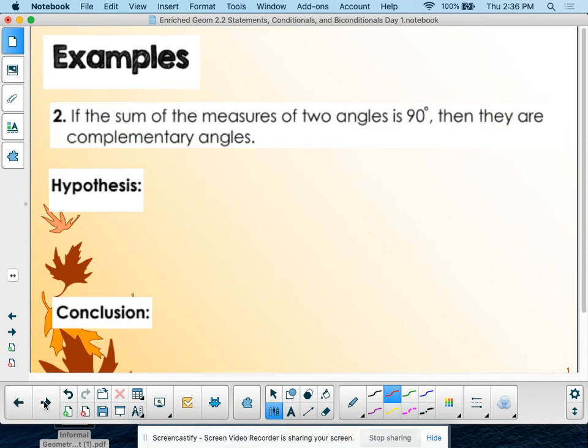One more. Again, identify the hypothesis and conclusion. So if the sum of the measures of two angles is 90, then they are complementary angles. So remember, our hypothesis follows the word if. So our hypothesis would be the sum of the measures of two angles is 90. I'm going to write this whole thing out.